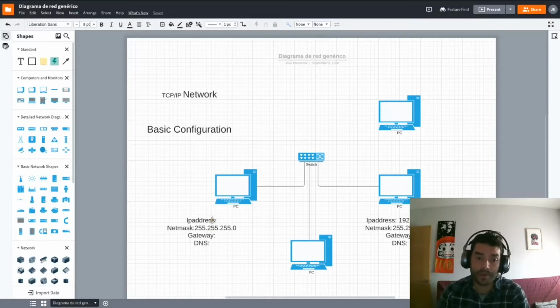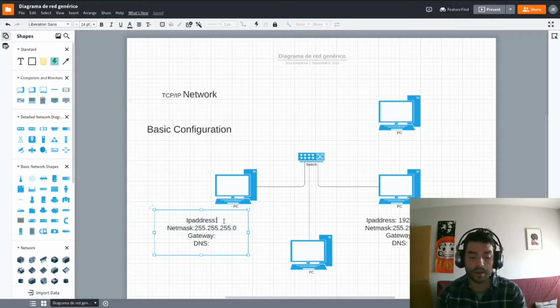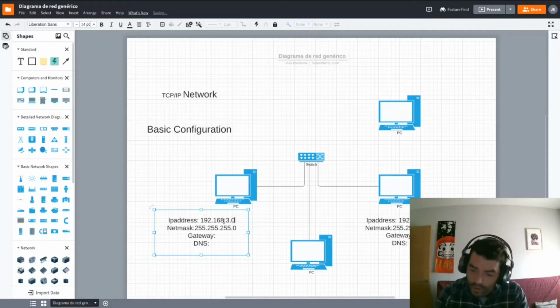So an IP address, which could be maybe here, it's going to be a type C network, okay? Doesn't matter. You need to have a net mask and an IP address that is useful, okay? So 192.168.3.2 computer, okay?